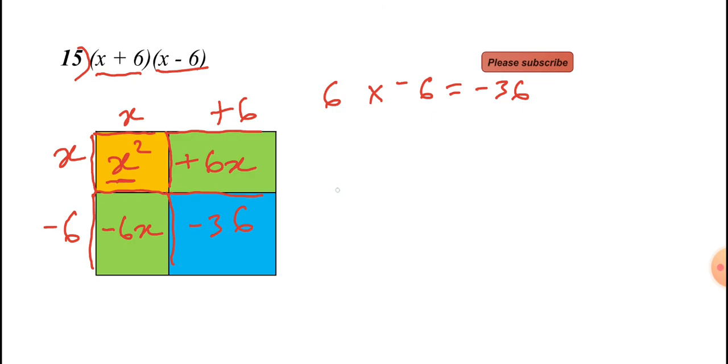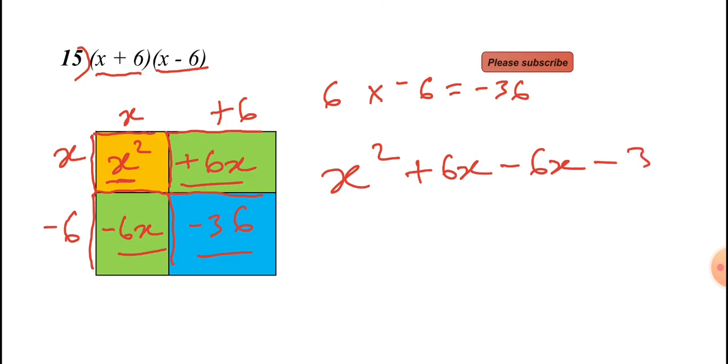So from here I've got x squared, from here I've got plus 6x, from here I've got minus 6x, and then I've got minus 36. So the x squared will just copy down. As you can see, there's no collecting like terms. Plus 6x and minus 6x cancel each other out. 6 lots of x take away 6 lots of x is just 0, and then we've got minus 36.